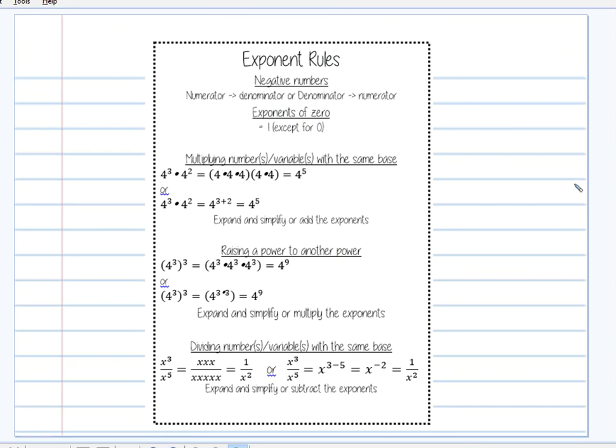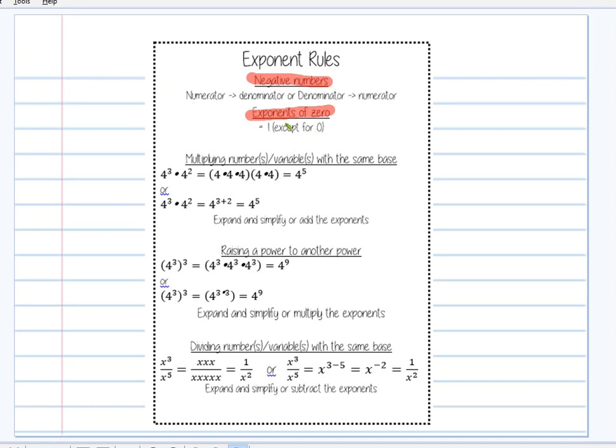If you could now go ahead and grab one of these if it hasn't been passed out to you yet, your exponent rules notes. You're just going to glue this in, probably page 5 of your notebook, and it goes over each different type of property that we talked about. So negative numbers, moving them to make them positive, exponents that have 0.